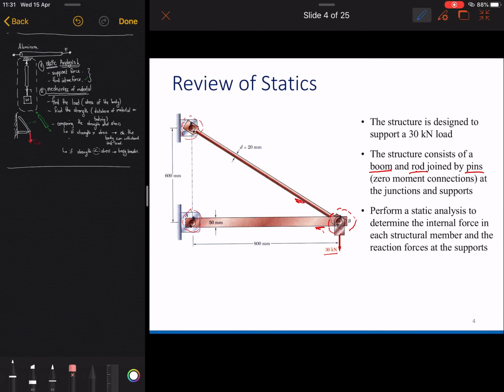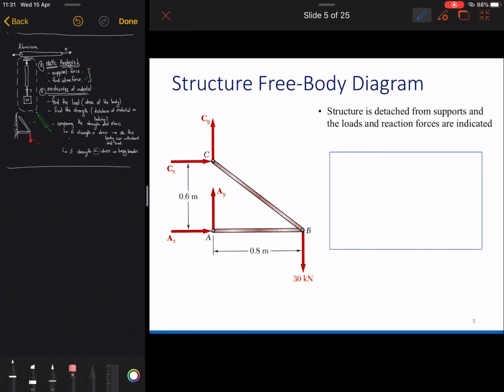So here, what kind of support do we have on the left side? We have a reaction force on the x-axis, and a reaction force on the y-axis because it cannot move in those directions.